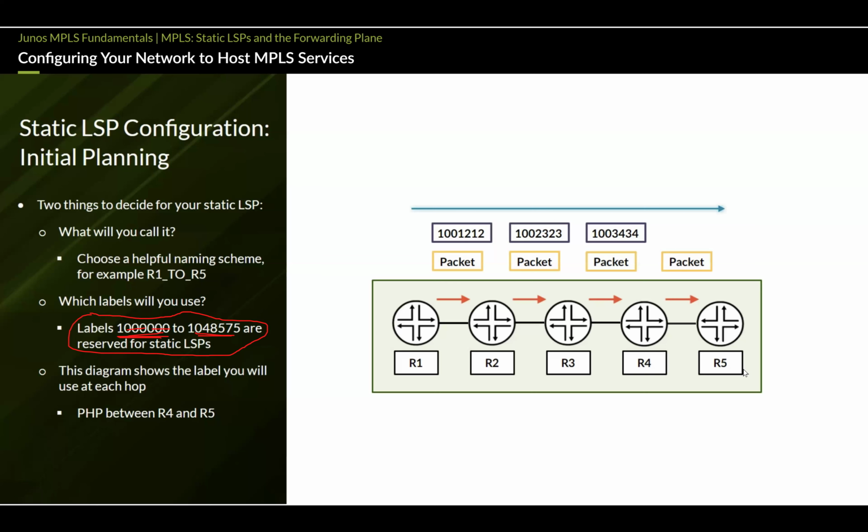Okay, so see here, this is router 1. You can say it's an ingress router. In router 1, sending the LSP, or sending the label towards router 2, the label is 1001212.